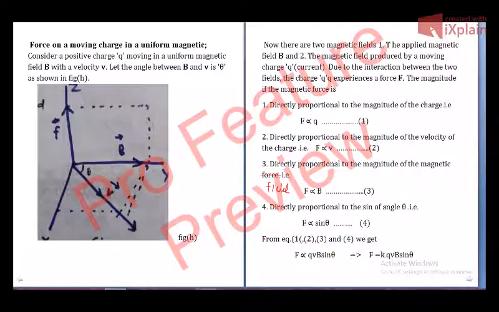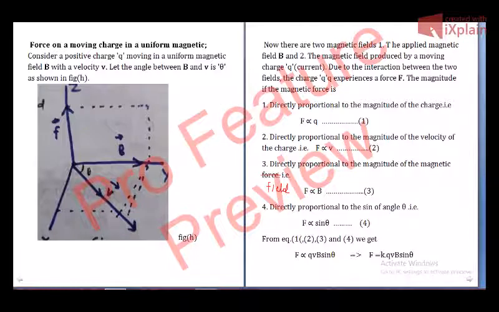For example, if the charge is moving at an angle of 30 degrees with the direction of B, and then at an angle of 60 degrees with the direction of B, in the second case, where the angle is 60 degrees, the charge will experience a greater force.